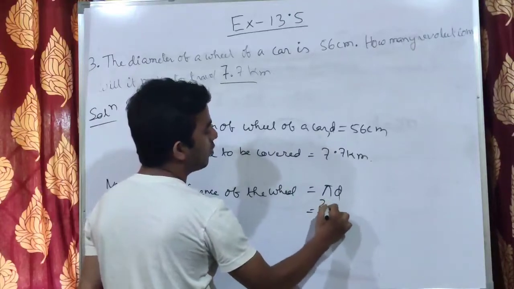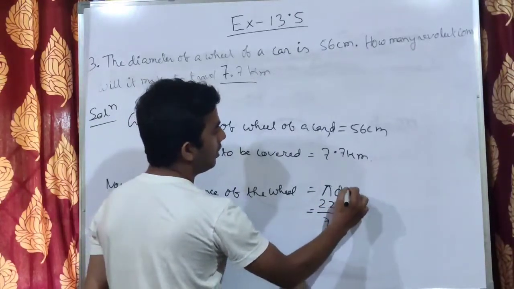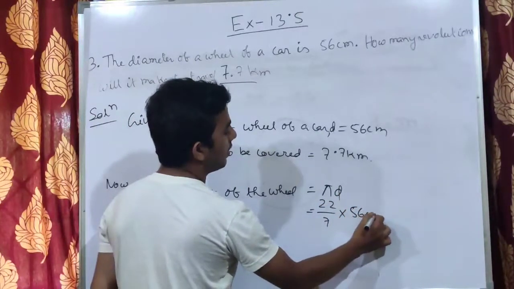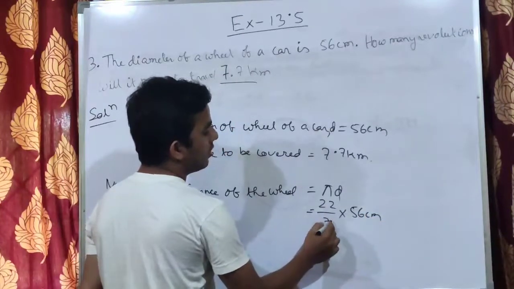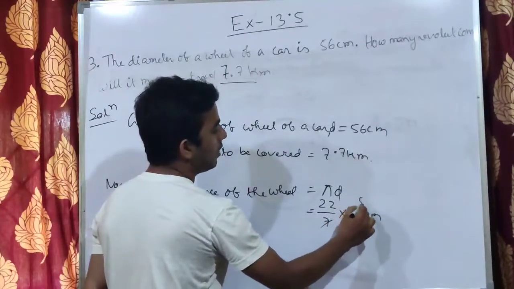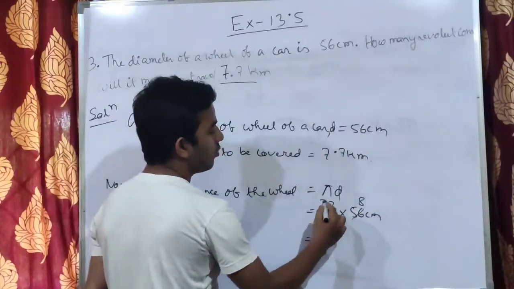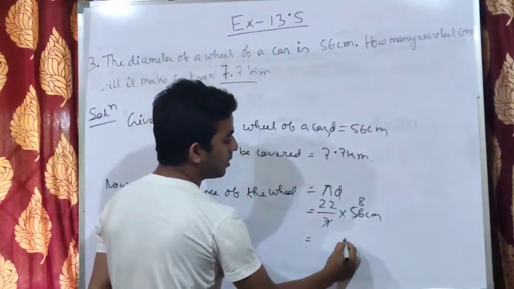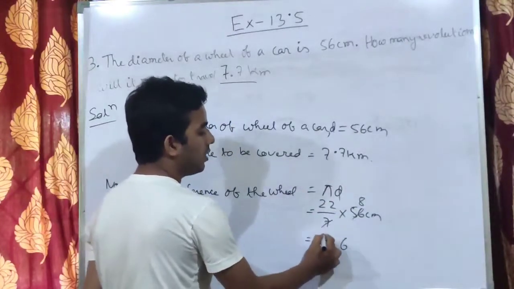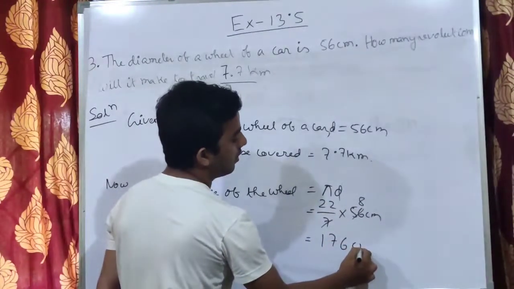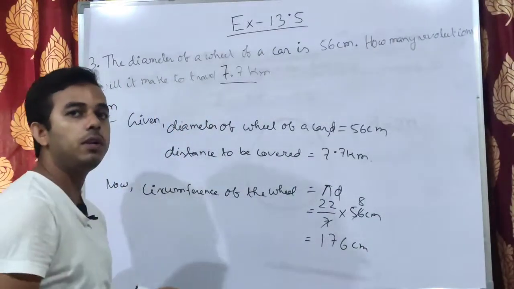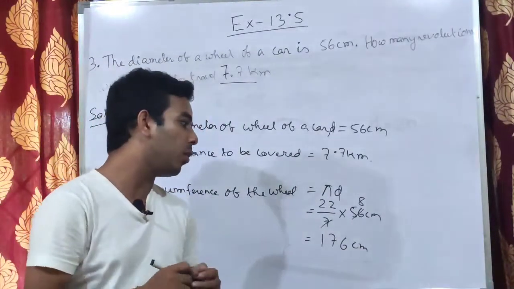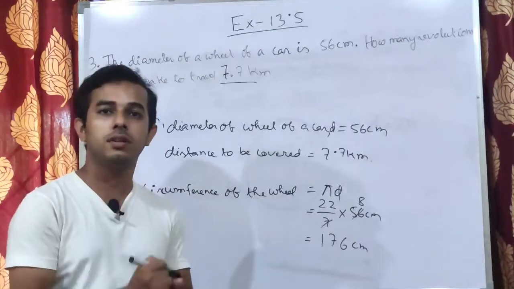Pi is 22 by 7 and d is 56 centimeter. That means 7 into 8 is 56, so 22 into 8 is 176 centimeter. That means in one complete revolution, the wheel covers 176 centimeter.